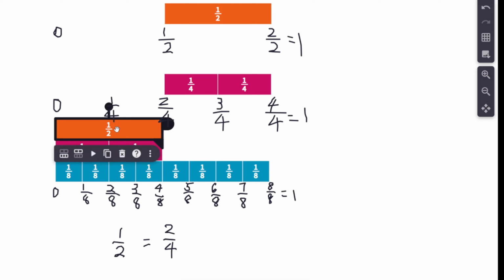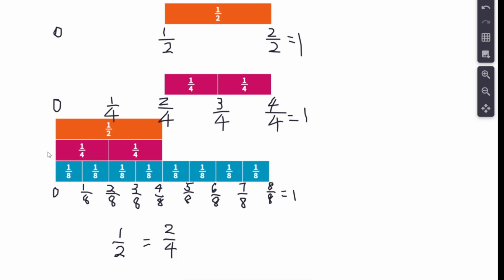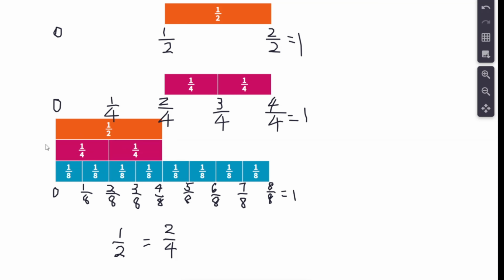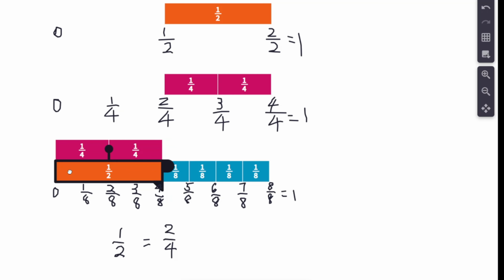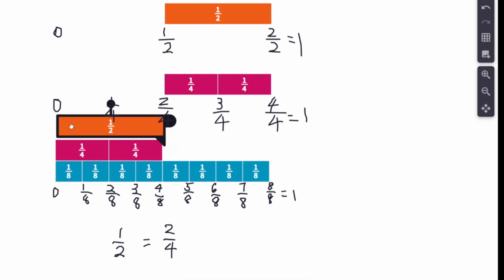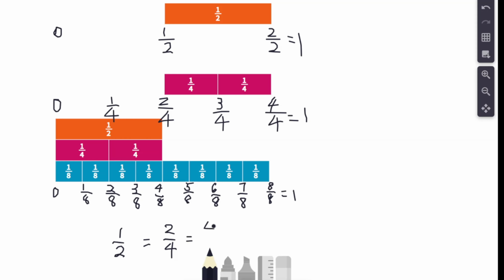Do you see that half is equal to 2/4 and half is also equal to 4/8? How interesting. It's equal to 4/8. So half is equal to 2/4. Half is also equal to 4/8.